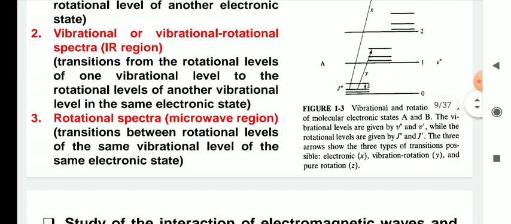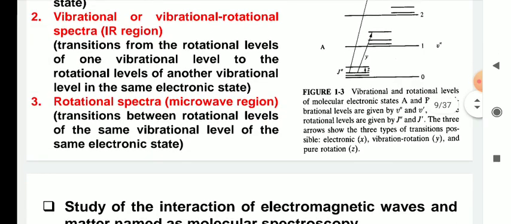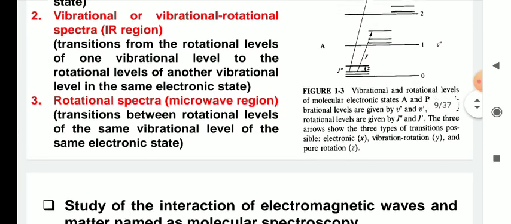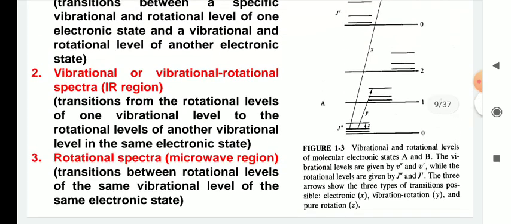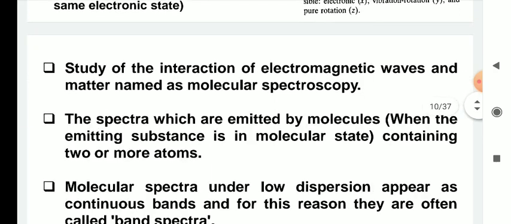If there is a transition between rotational levels of the same vibrational level of the same electronic state, then that corresponds to rotational spectra, so that we are observing in the figure.